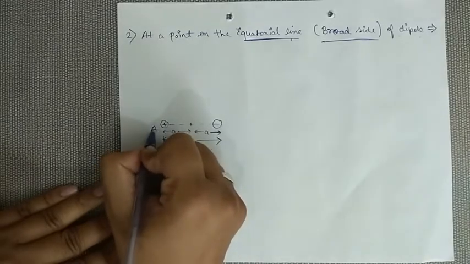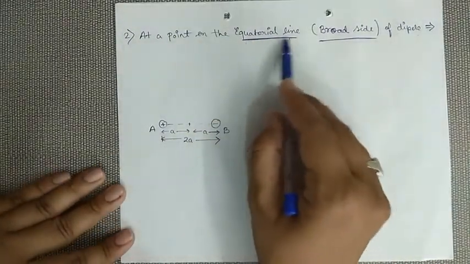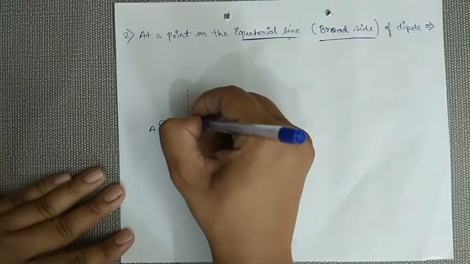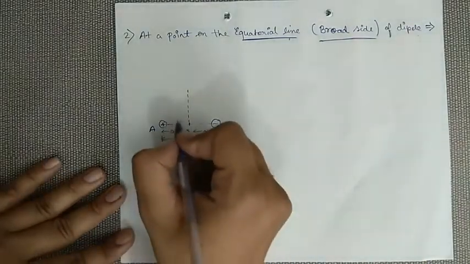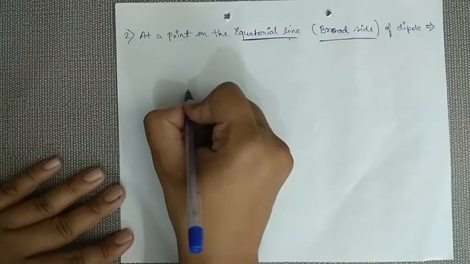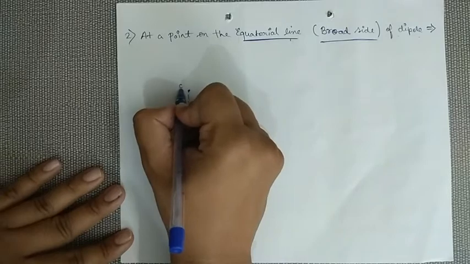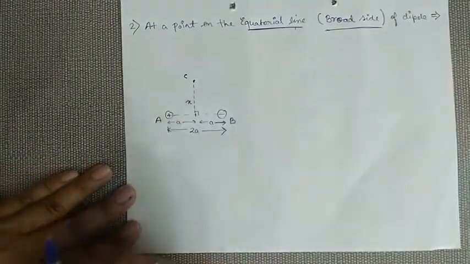Let this point be A and this point B. This time we have to use the equatorial line, which generally passes through the center of the dipole. Let the distance of point C from the center be x. This is a perpendicular line.